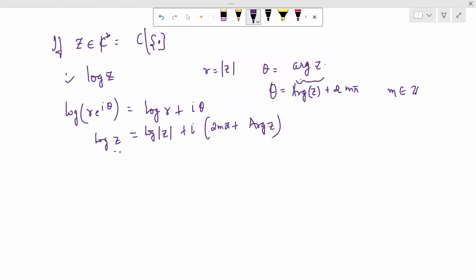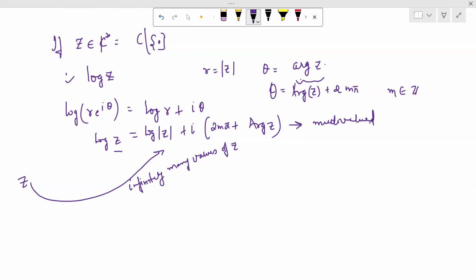So how many values for a single z? You have infinitely many values of log z. Clearly this function is a multi-valued function. By the definition of multivaluedness, this function is a multi-valued function.